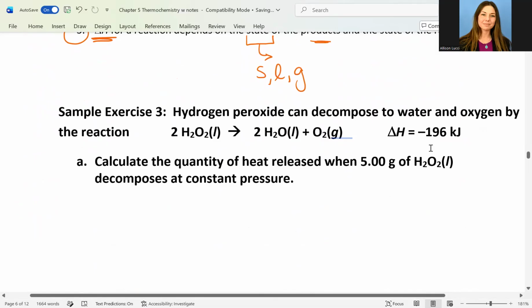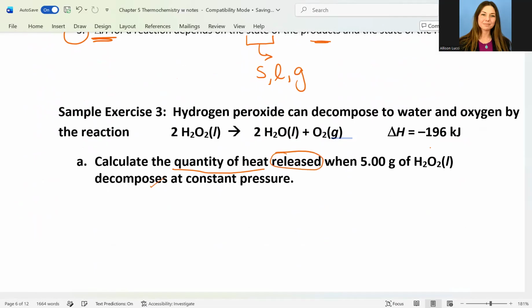So let's see here in sample exercise 3, if we can find out what they're asking for here. They're asking us to calculate the quantity of heat that is released. So this must be an exothermic process. We can make a note about that.